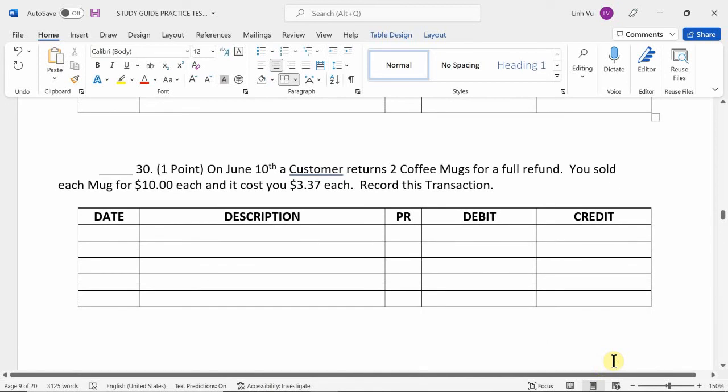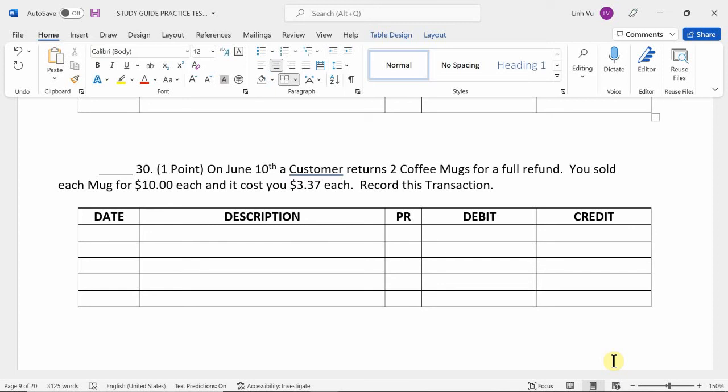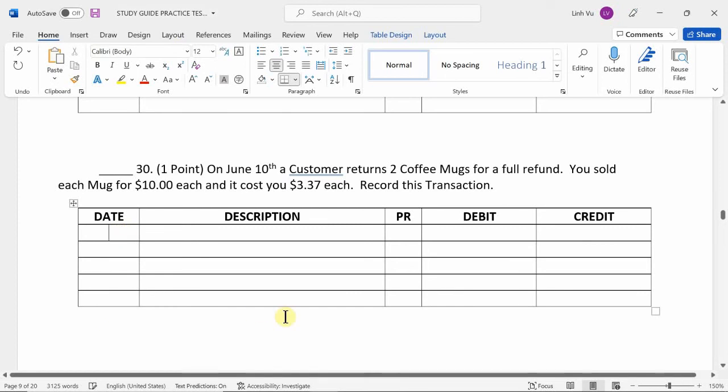Okay. On question 30, if on June 10 a customer returns 2 of those coffee mugs for a full refund, you sold each coffee mug for $10 each, and these coffee mugs cost you $3.37 each, record this transaction. So a customer decides to return.